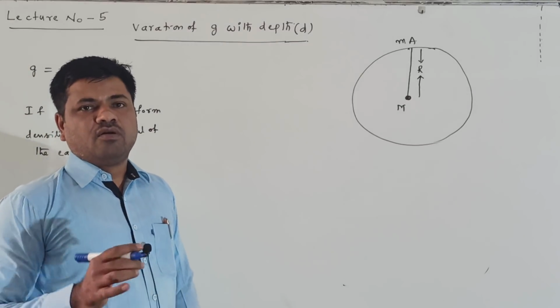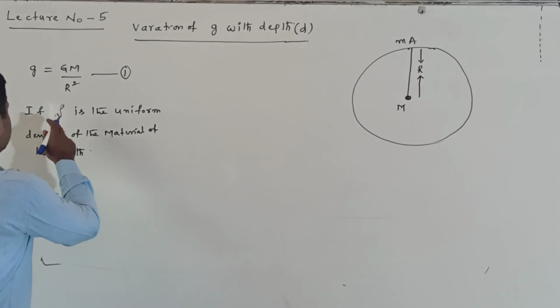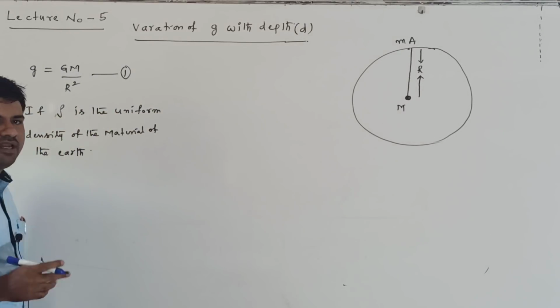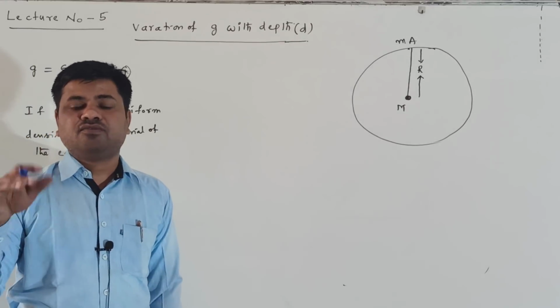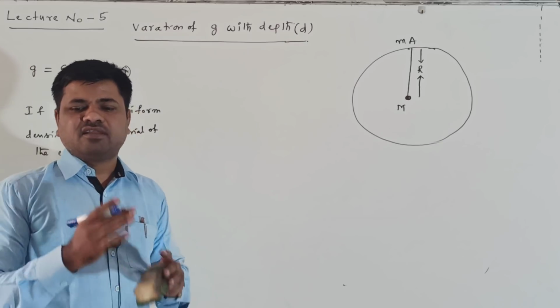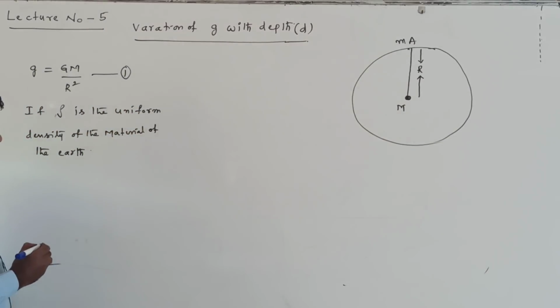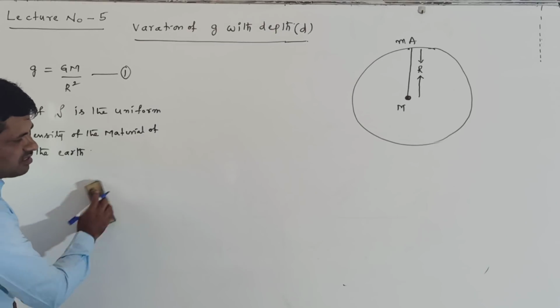Suppose I consider rho as the density of the material of the earth. This is a uniform density throughout the earth. Now I want to find the mass of the earth. How to find the mass of the earth here?